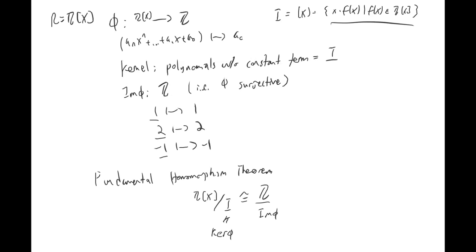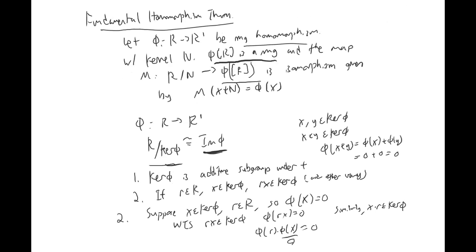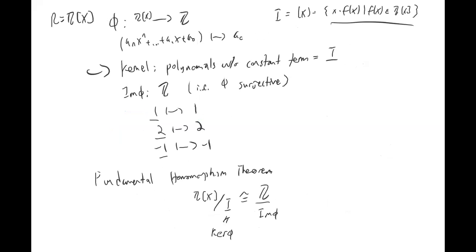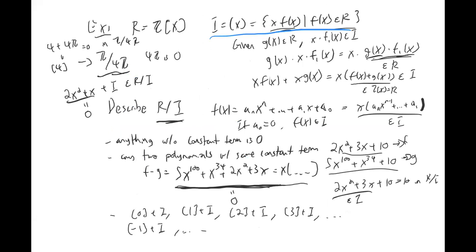So I'm using this: if phi is a map from R to R prime, then R quotient kernel is isomorphic to image. We showed that the kernel is I and the image is Z. So you see that these two rings are isomorphic. And the reason for that is what I did here: it is isomorphic to Z because you could take any integer as a representative.